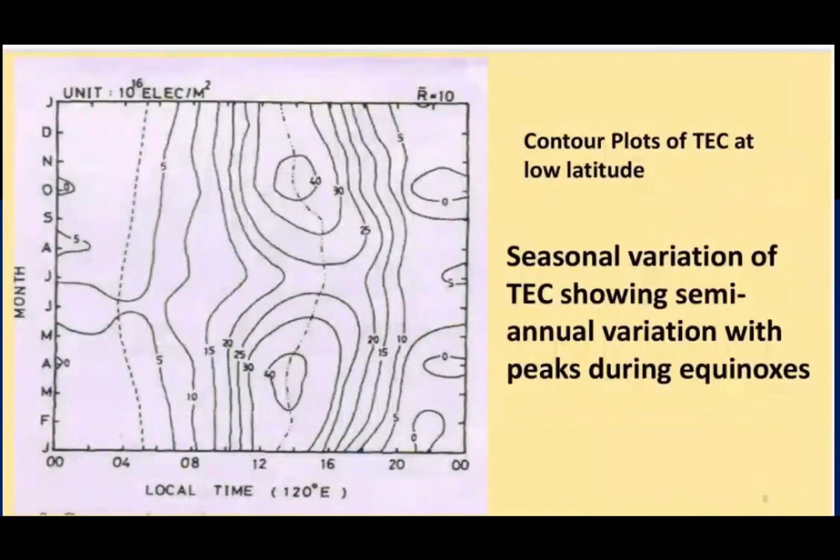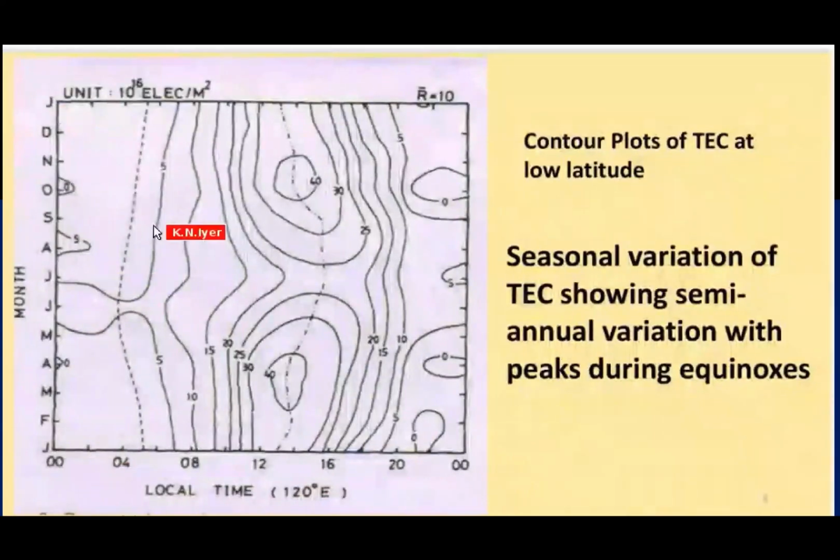Now this further shows what is called seasonal variation, that is, how the parameter varies from one season to another or from one month to another. So here on the x-axis we have shown the local time. These are measurements taken at a location near 120 degrees east longitude, somewhere in East China. Then the y-axis is the months, January, February, March, etc., up to the next January.